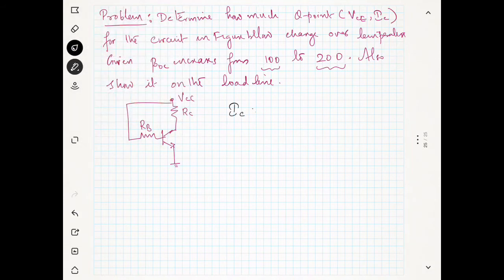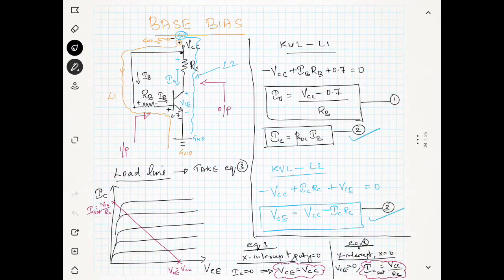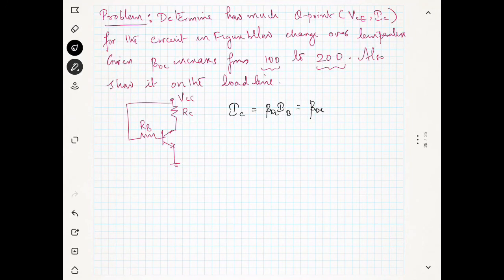IC is equal to beta DC times IB. What is IB? IB we have already found here, you can see equation 1. That is nothing but VCC minus 0.7 over RB. This is the IB, and IB times beta will give you IC. This is our equation.